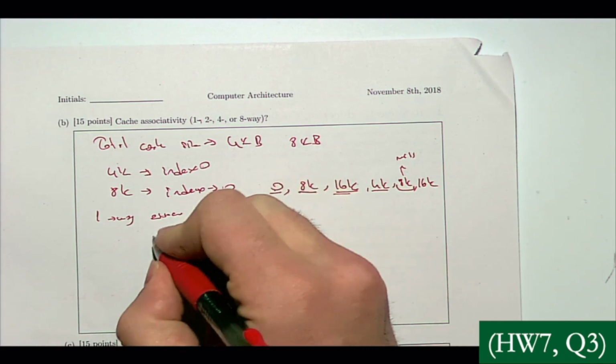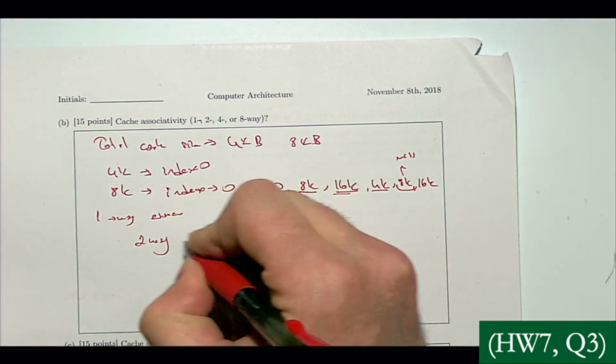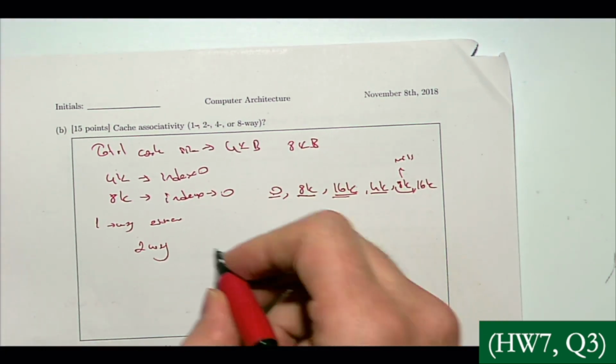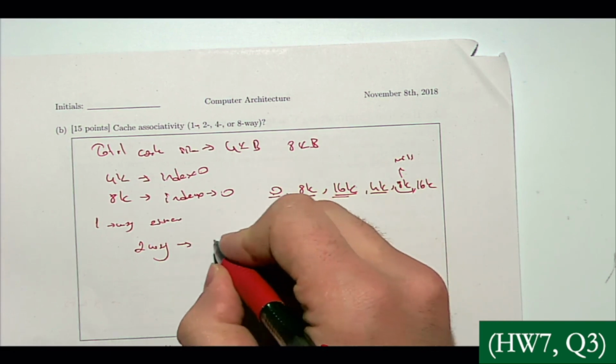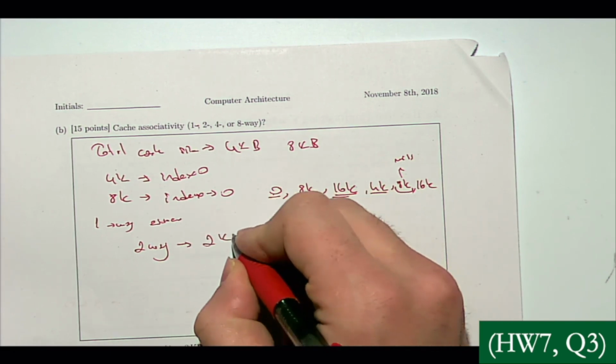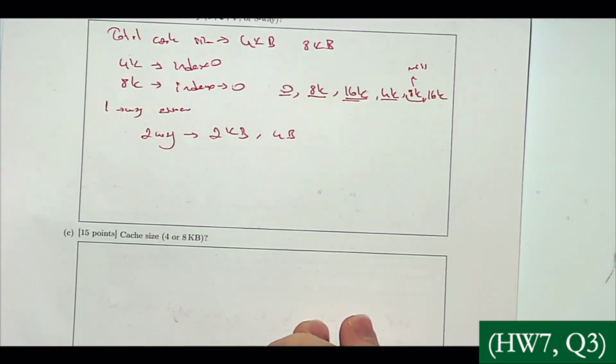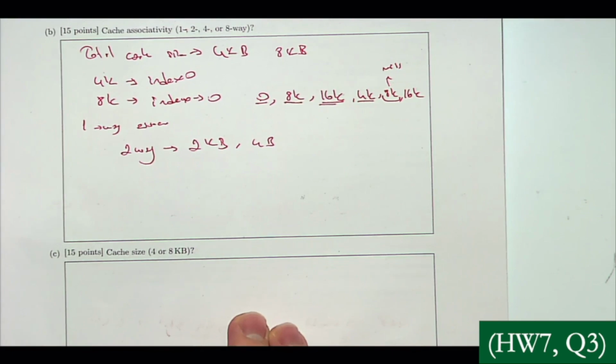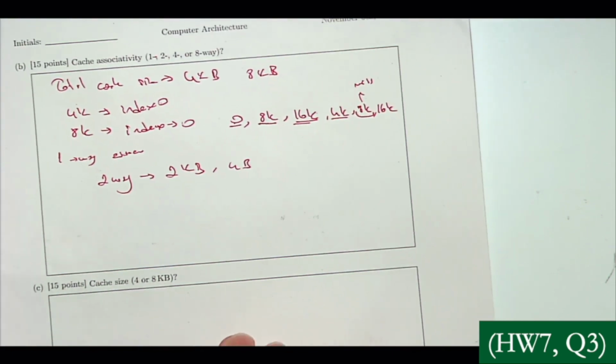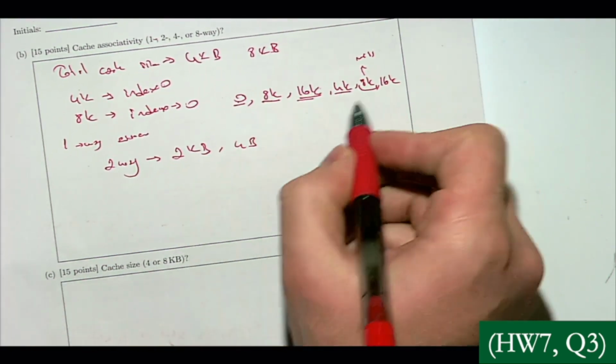So let's imagine two-way. Then the ways are either 2 kilobytes or 4 kilobytes, right? So I'm going to consider all the accesses of the multiples of 2 kilobytes here. Again, I'm going to do the same thing that I did here.